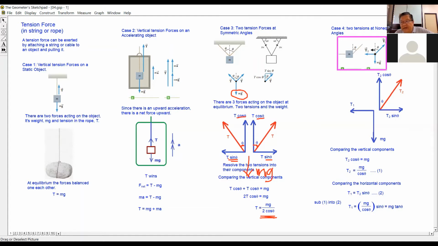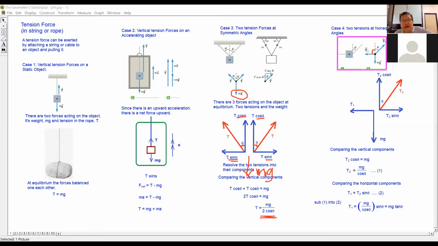The angle with the vertical is 90 degrees. Let me draw this angle with the vertical. This is our T1, and the angle with the vertical is 90 degrees. Now this one is T2. The angle T2 makes with the vertical is theta degrees. One 90 degrees, one theta degrees.